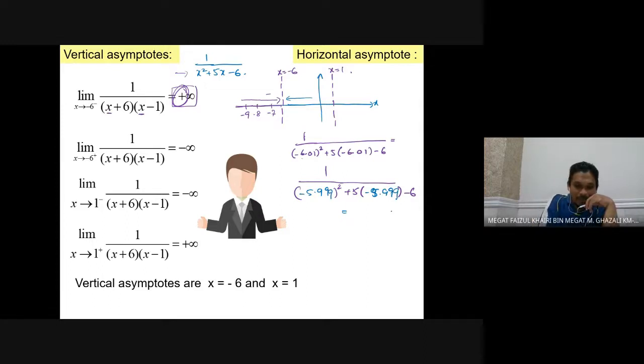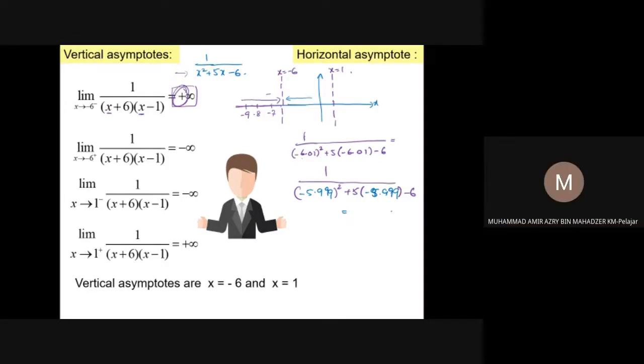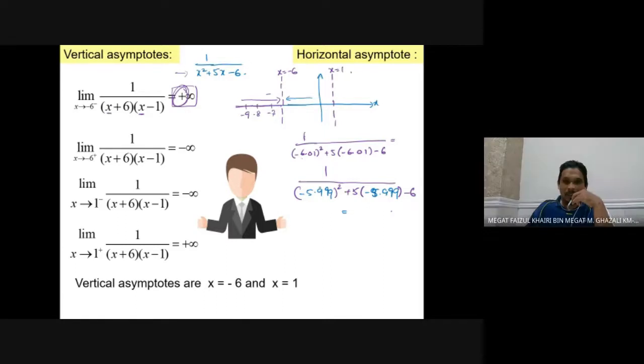Very close to negative 6 from the right side. Negative 142. Okay, negative 142 point something. So it's a big number here with a negative sign. So that's why we come up with a sign of negative infinity.